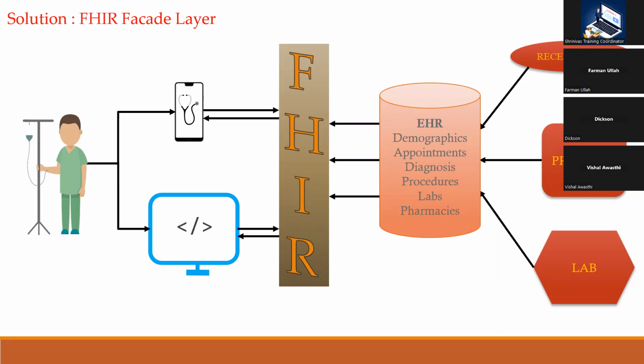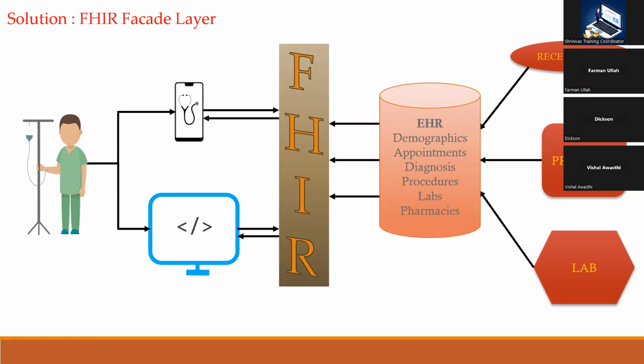Let's say we have a Fitbit, and using it we capture a lot of information. If you want to post that information to your doctor, that can also be done through FHIR. It's another matter whether the EHR is allowed to accept the posted data or not, but that is one use case we can have in real time, where you send your real-time data to the EHR system so that you can keep track of your health information.